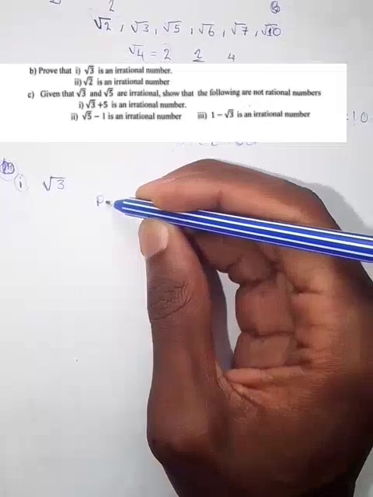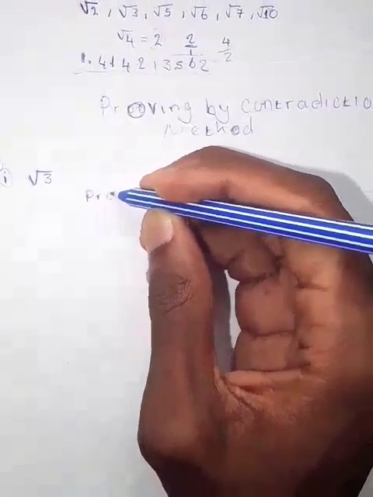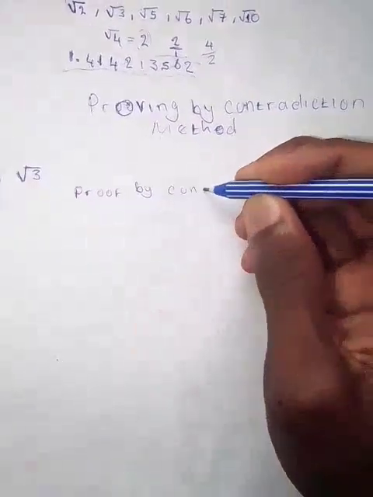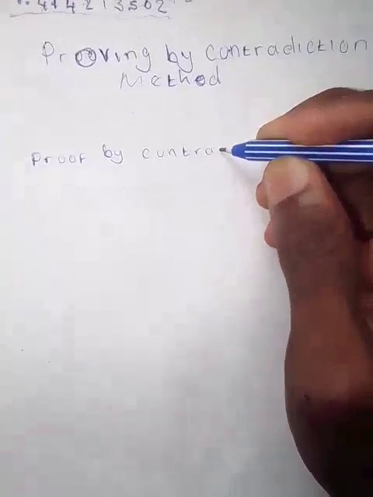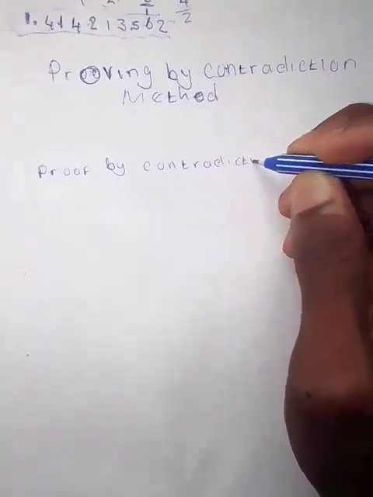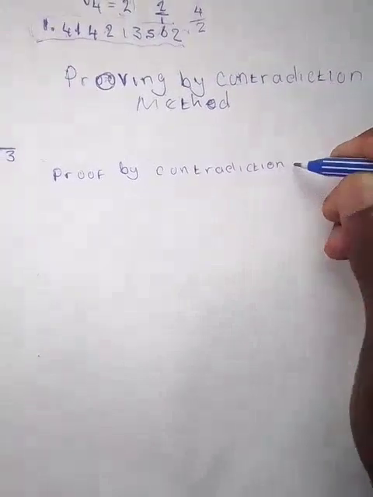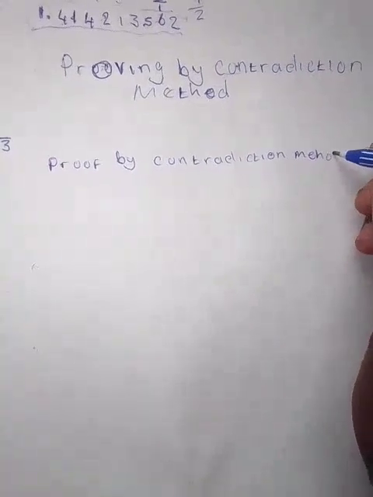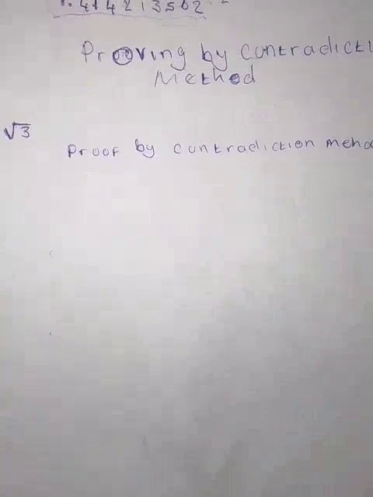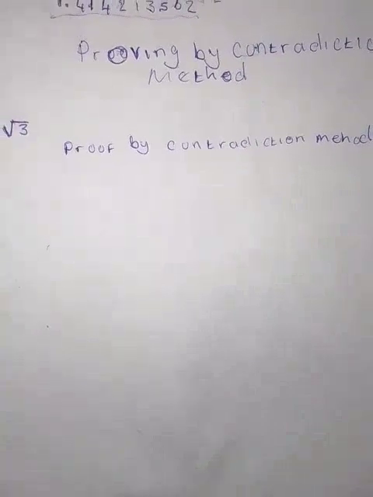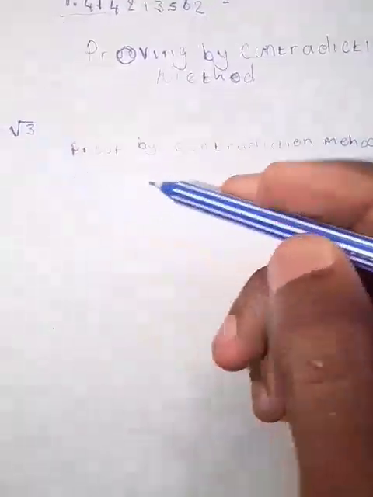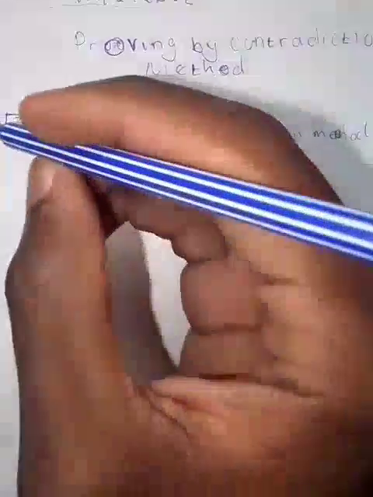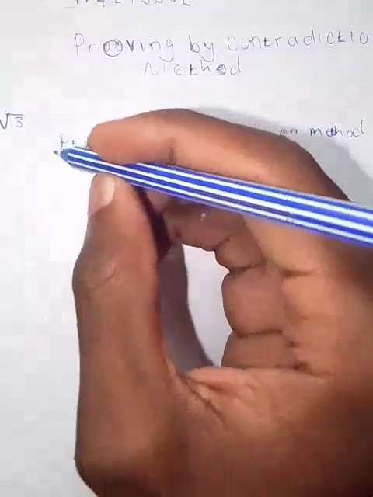So you're going to say, proof by contradiction method. When it comes to answering questions on this topic, you need to be writing these statements. The lecturer needs to be seeing these.